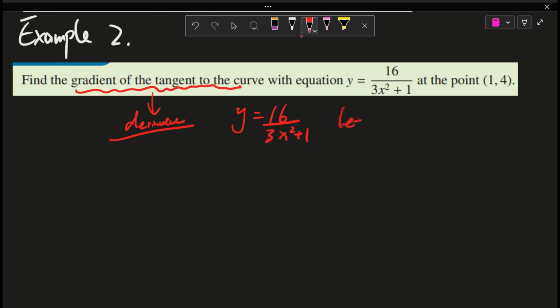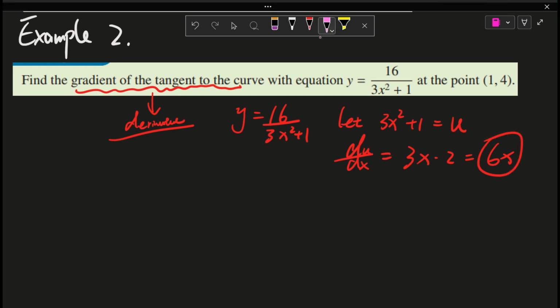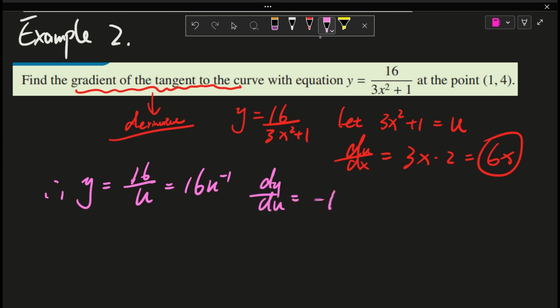Let 3x squared plus 1 equal u. du/dx equals 3x times 2, which is 6x. Perfect. Now y equals 16 over u, or we can say 16u to the negative 1. dy/du is negative 16u to the negative 2.